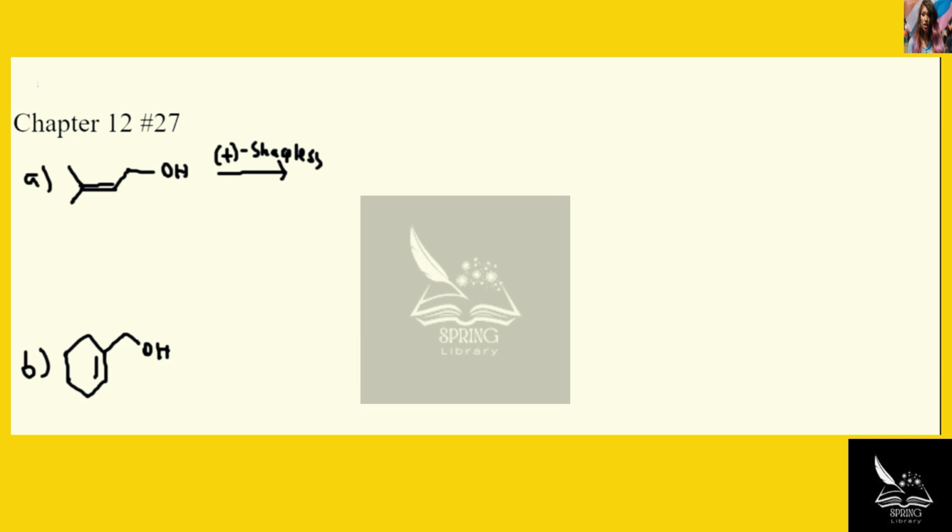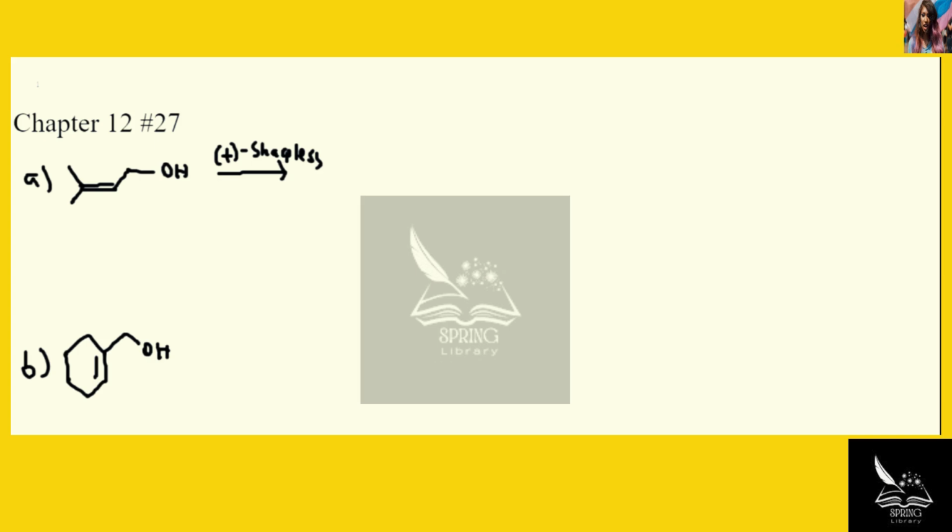I like the method that the book presents for trying to determine the correct stereochemistry for these Sharpless epoxidation products. The book wants us to always draw the carbon-carbon double bond horizontal and to position the allylic alcohol to the top right of the alkene.